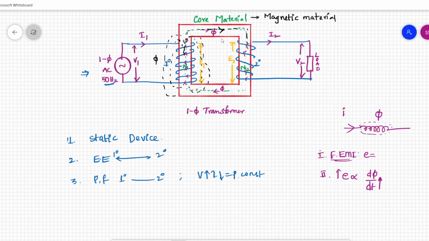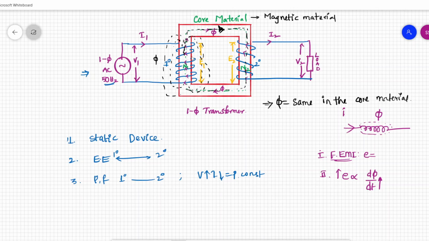Here you can see phi, the flux direction is like this, and this flux will flow in the core material circularly. The flux is the same in the core material, so wherever we check, the core flux will be the same.